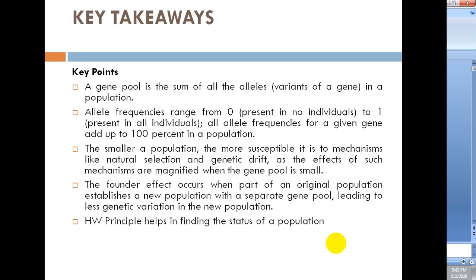The founder effect occurs when a part of the original population establishes a new population with a separate gene pool. And the HW principle helps in finding the status of a population, whether it is going to become extinct, or whether it is stable or unstable. So that's all in the video lecture. Thank you.